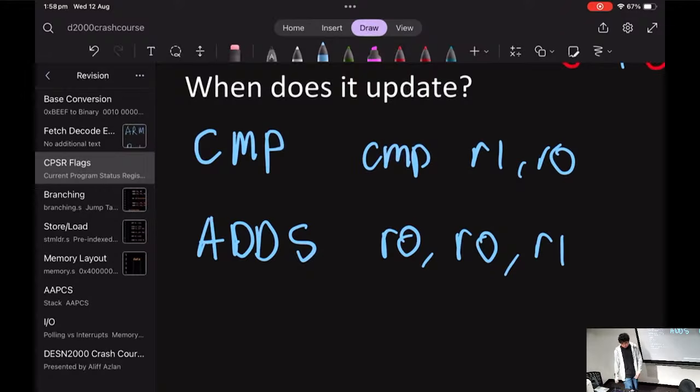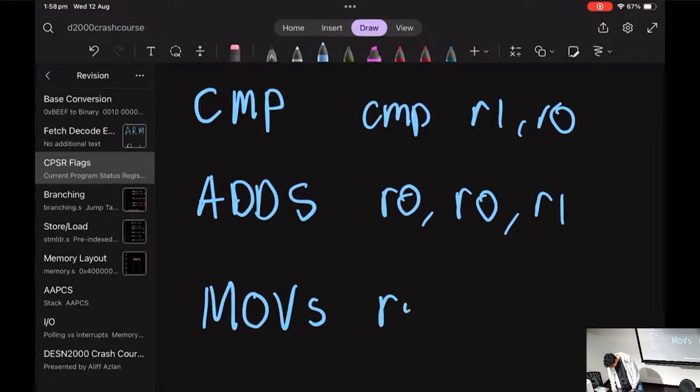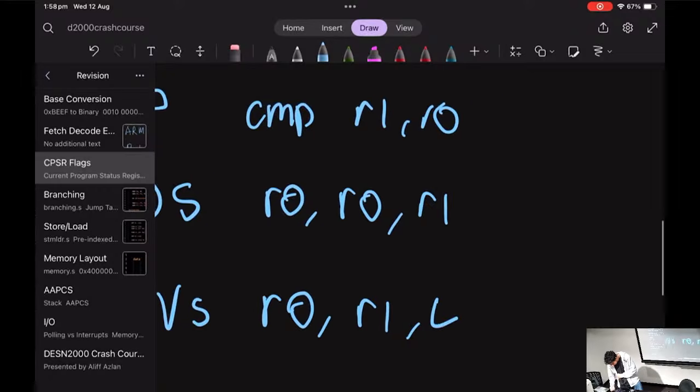There's also one more that people tend to miss quite a lot, which is your shifter. Your shifter can also update your carry flag. So let's say with a MOV function, you have R0, R1, and then you also have your barrel shifter, where you shift the result by a couple of bits. So let's say a left shift.